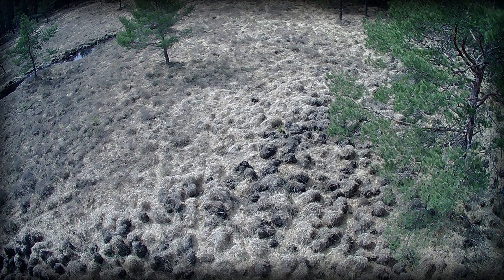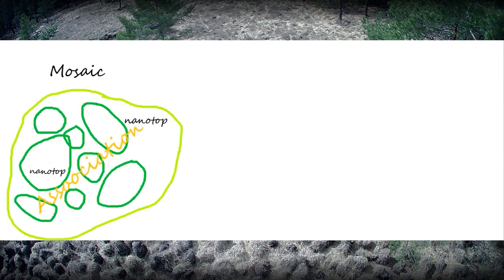Let's look at them. Mosaic is spatial heterogeneity within one phytocenosis class. Elements of mosaic are connected to the nanoforms, like small hummocks, hollows, flat patches. All elements of vegetation are classified as part of one association.